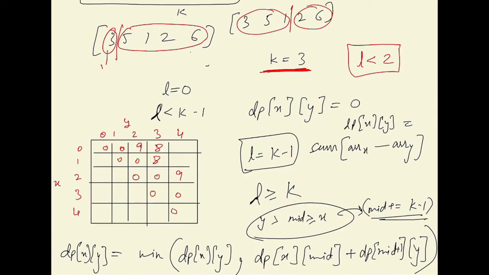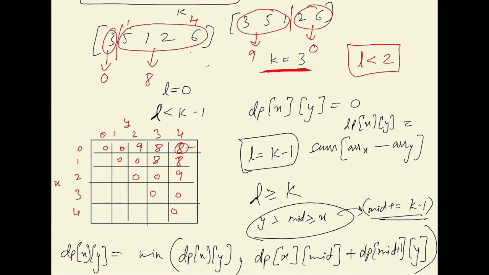So for this problem the cost is 0, and for 1 to 4 in this table, oh this was also 8, so 1 to 4 is 8, and for this subproblem the cost is 9, and here the cost is 0. So the minimum of these two cases is 8.